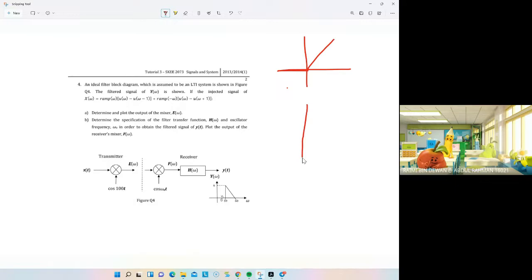So you have something like this, and then you have the other part. This one is like an inversion. Later on you have a partner compared to it. Then U of omega minus U of omega plus 1.